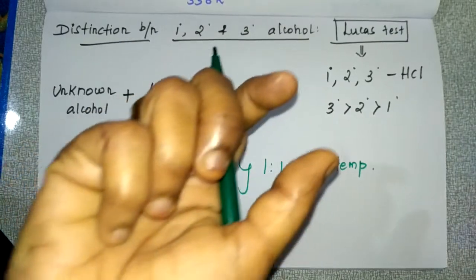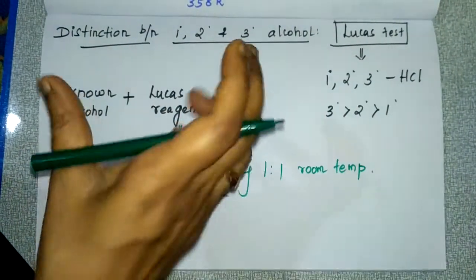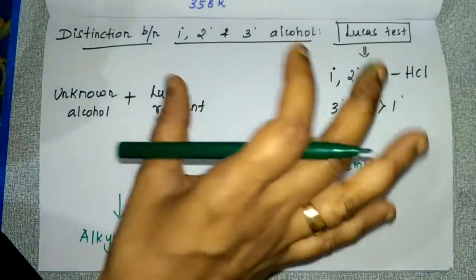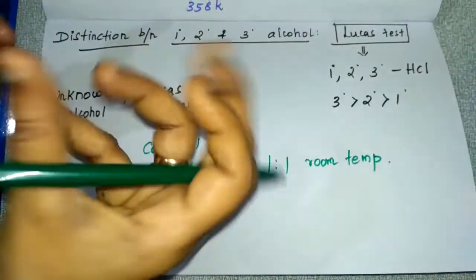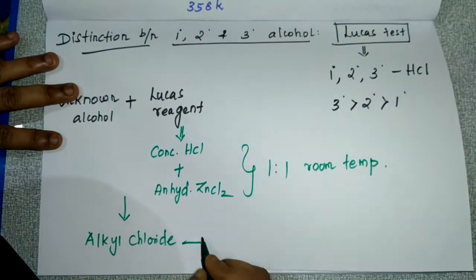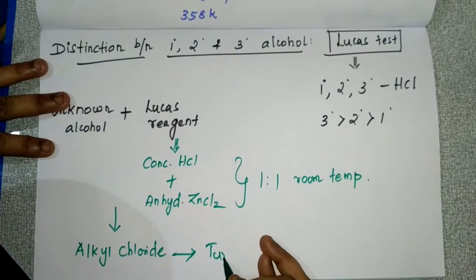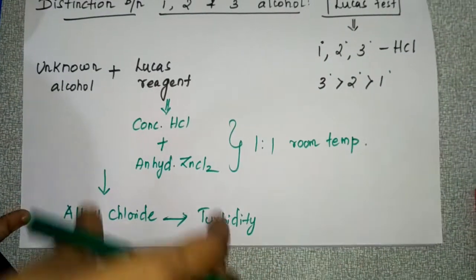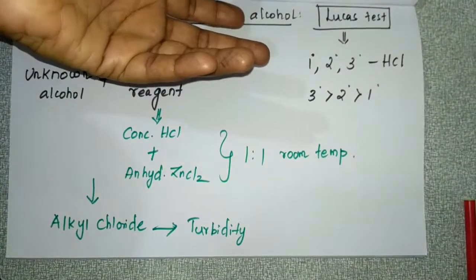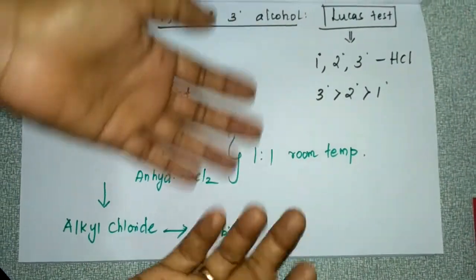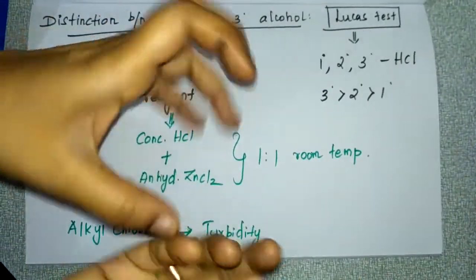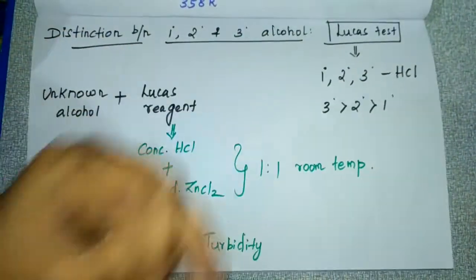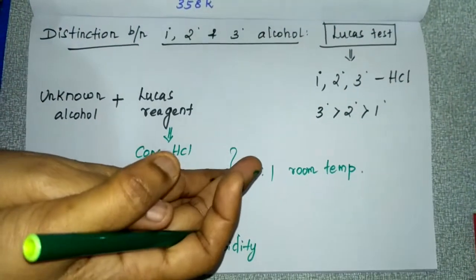This alkyl chloride, as you know very well, is insoluble in water, so it forms turbidity. Turbidity means cloudiness. It won't be clear; there will be a cloudiness.